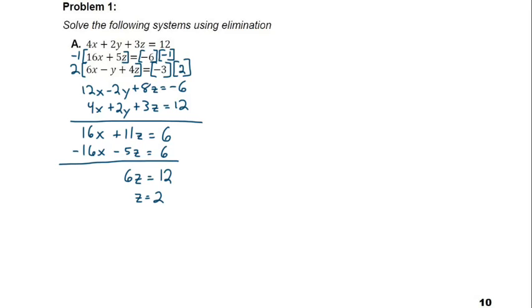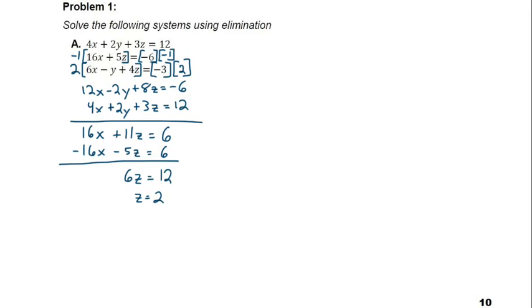And now that I've got that, they just kind of cascade down. I can plug this 2 right here into any z in this whole system that I want. Any of those z's I can plug it in, and it's perfectly valid.